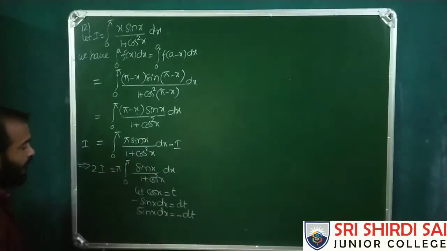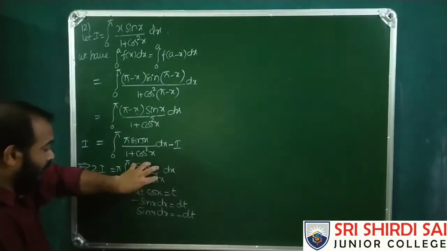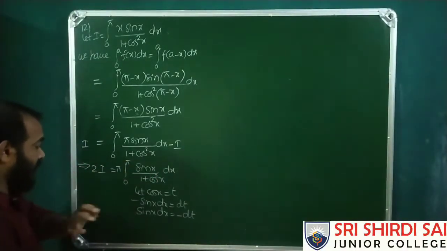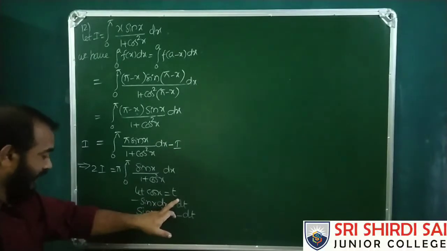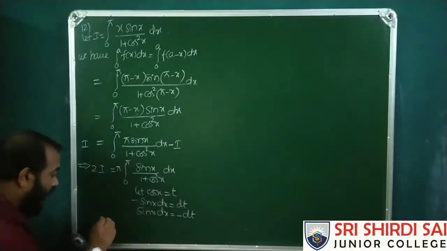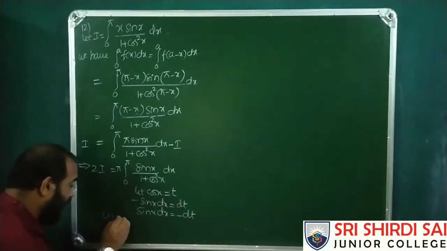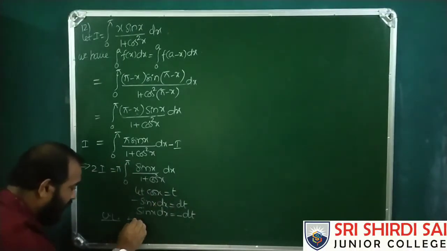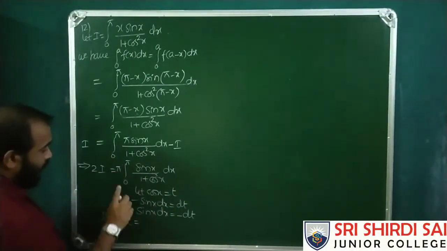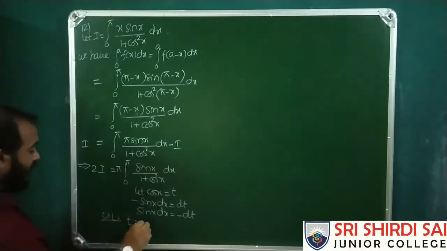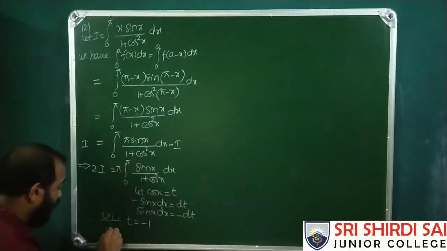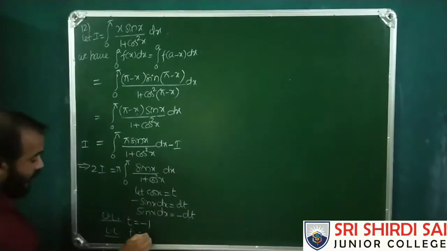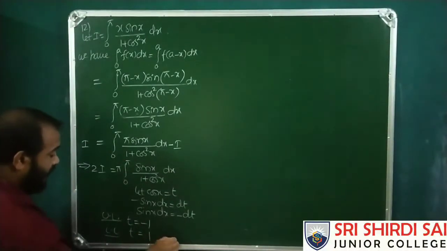Now change the limits, because this is a function of x, so 0 to pi are the limits of x. We are changing x to t, so we have to freshly evaluate the limits for t also. Upper limit: t is equals to cos pi, cos 180, which is minus 1. Lower limit: t is equals to cos 0, whose value is 1.